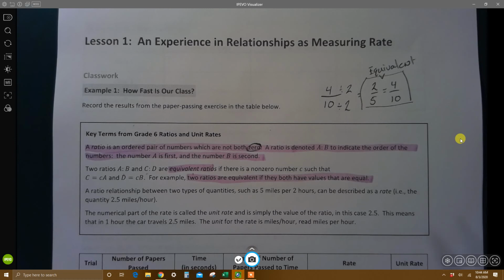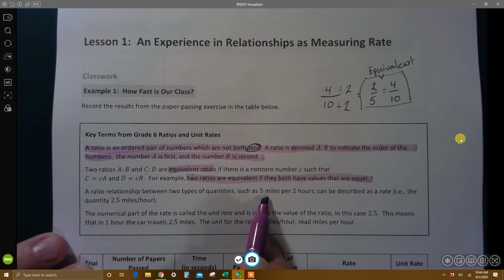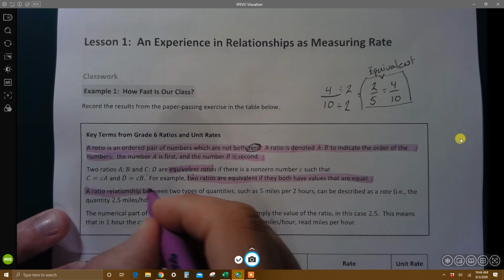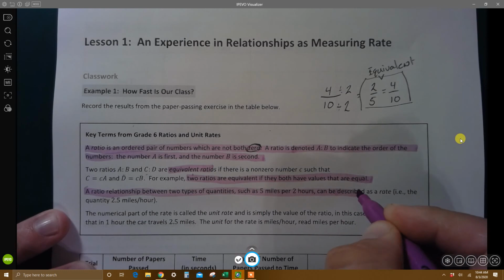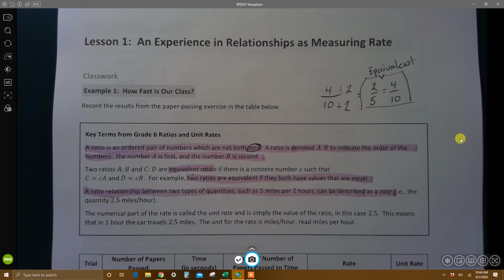Continuing on, a ratio relationship between two types of quantities, such as 5 miles per 2 hours, can be described as a rate. That's important to know. A rate is a comparison of two types of quantities.